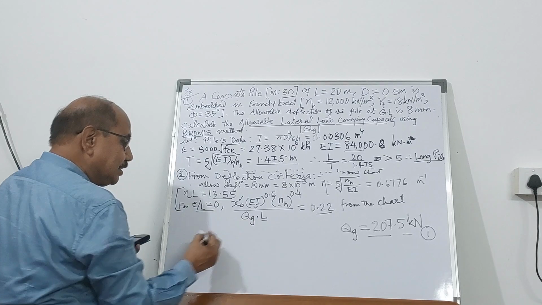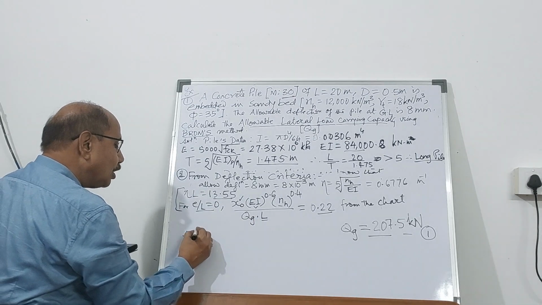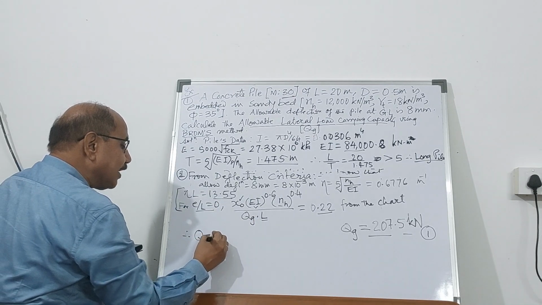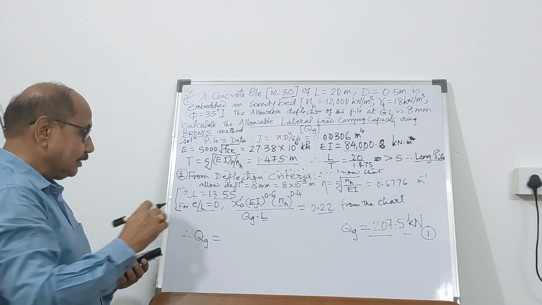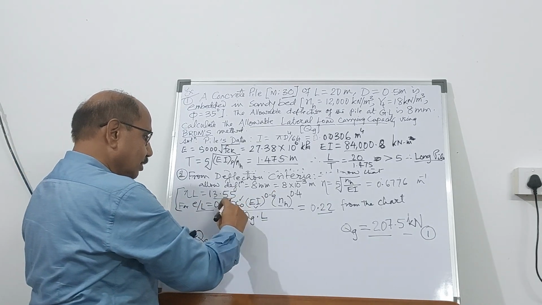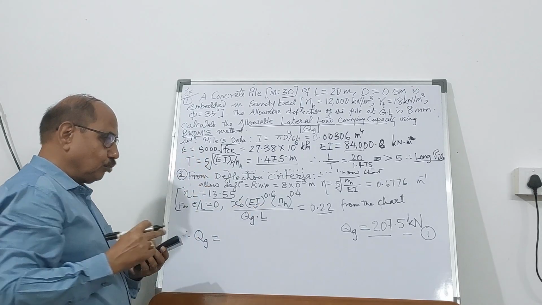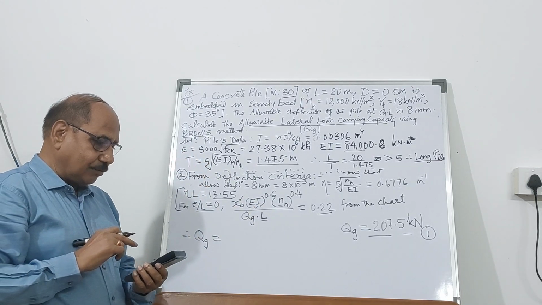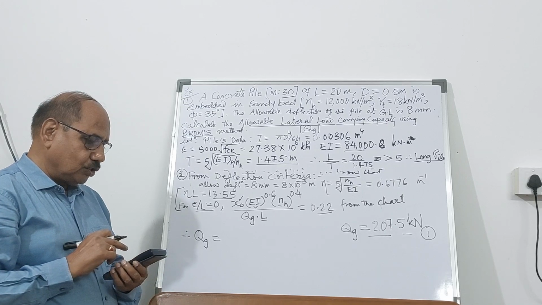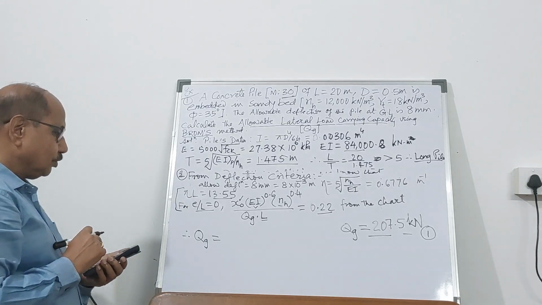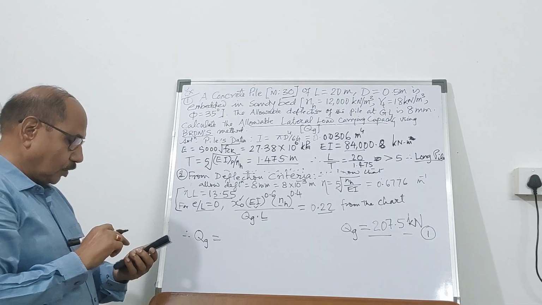So only unknown is Qg. Therefore, Qg based on deflection criteria needs to be calculated. Whole quantity divided by 0.22 into 20. So let us calculate these values, and this will give you the Qg value.